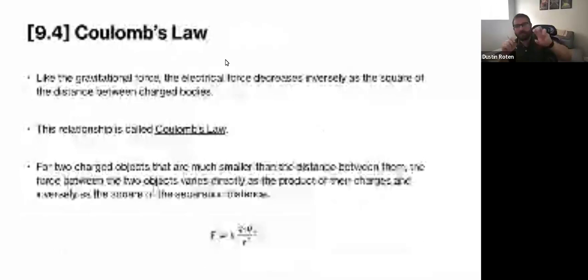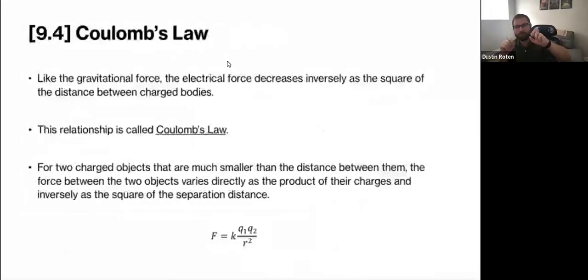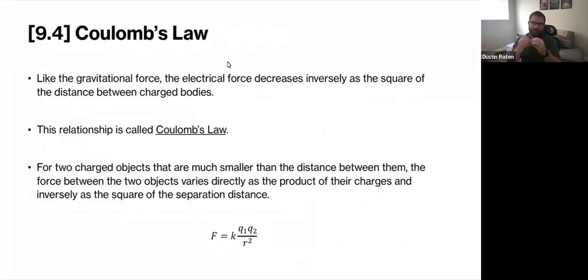So we've talked about charges, atoms, the protons, the neutrons. So we know that they attract each other, but can we calculate by how much they attract each other? Or we know that they could repel each other. Can we calculate by how much they repel each other?